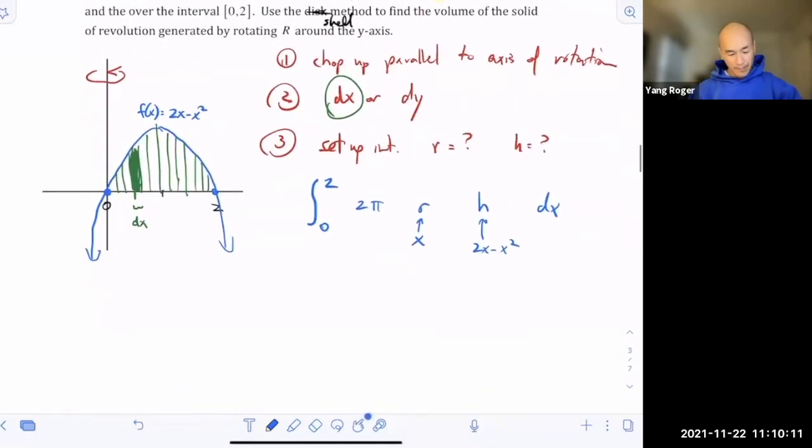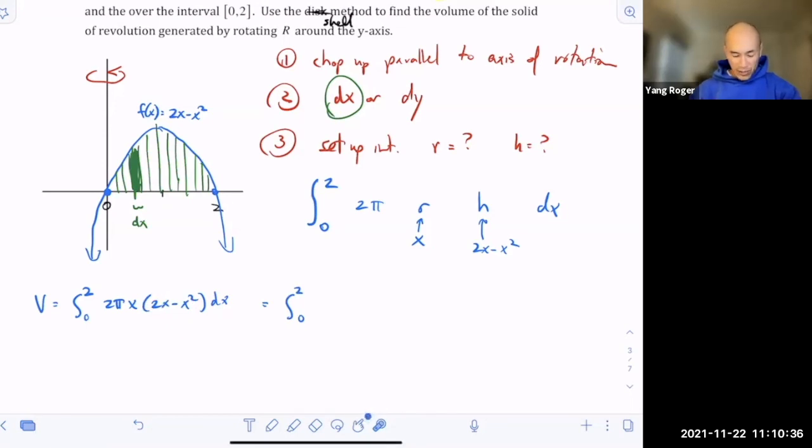So let's do this. We got the integral from 0 to 2 of 2 pi x times (2x minus x squared) dx. That's going to be equal to the integral from 0 to 2. For this, I think you should just distribute to evaluate this integral.